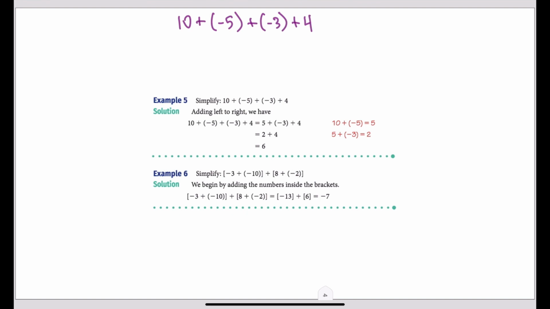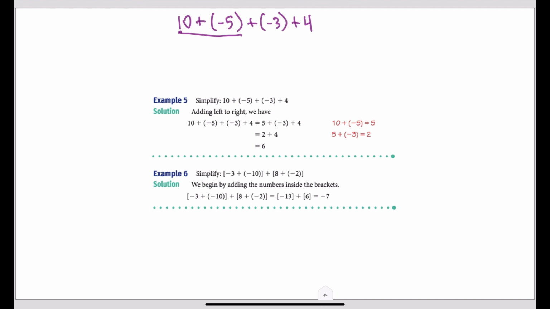So I don't have any multiplication or division. I have all addition and subtraction. So I know I can go from left to right. So what I'll do is I'll take the first two numbers, I'll combine them, and then I will bring down everything else and do one step at a time. So 10 plus negative 5.